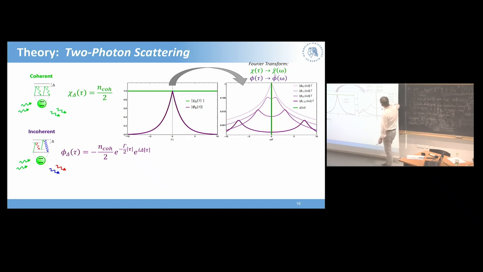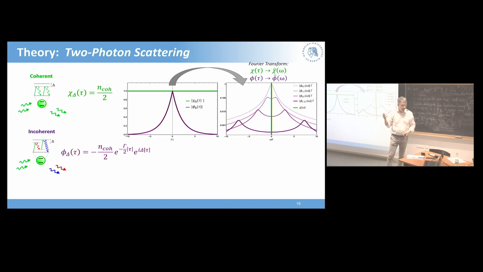But if I now introduce a detuning of, say, 1 line width, 3 line widths, or 7 line widths, then this additional phase factor in the Fourier transform results in two Lorentzians, which are split for large detunings by the detuning, and for smaller detunings by the effective Rabi frequency, which depends both on the resonant Rabi frequency and the detuning. Okay, so spectrally, you see that the incoherent and coherent components have different spectral features, right?